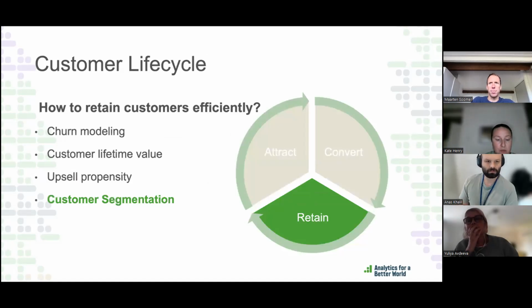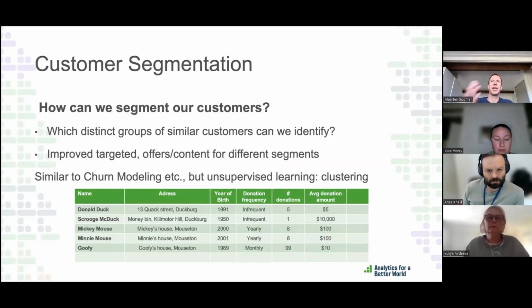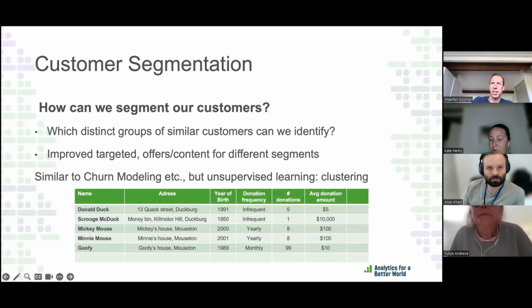Then there's customer segmentation. It's about how we can segment our customers. Actually, all the previous applications already help to identify customer segments by looking at which features were important in the previous applications. That will give some kind of customer segmentation. And customers are often already segmented, for example, by product category or some rule-based segments.